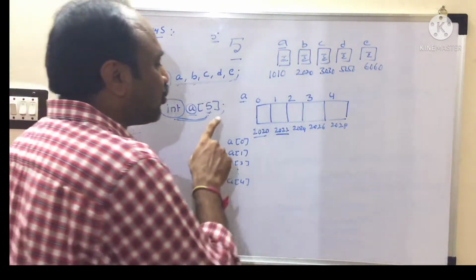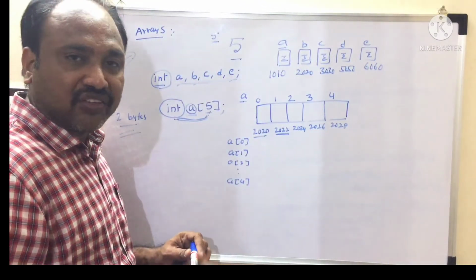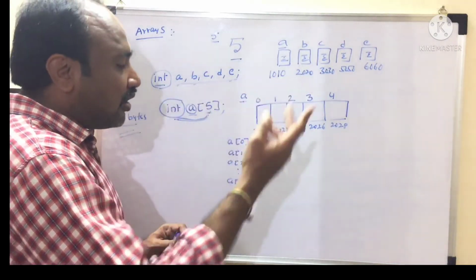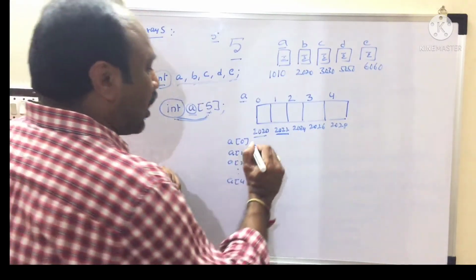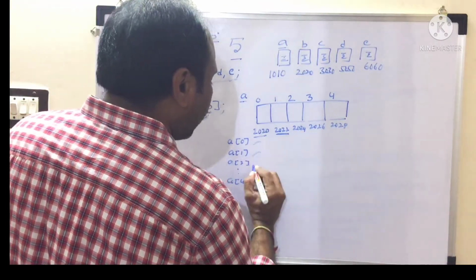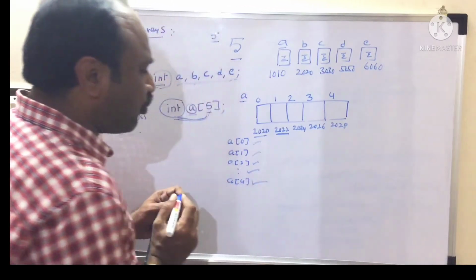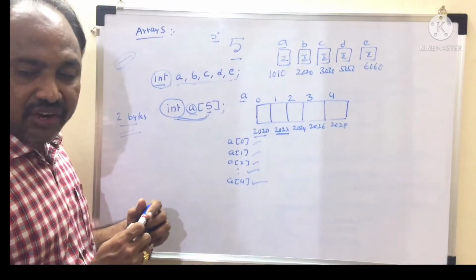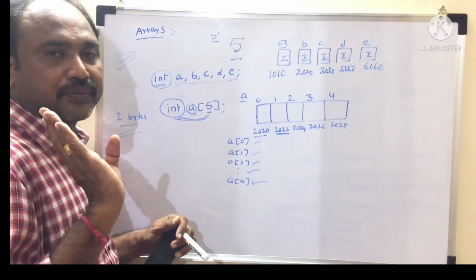If I am going to use what concept? Array concept, all the values are stored under the single name and all the values are stored in adjacent memory locations. Whatever A of 0, A of 1, A of 2, A of 3, A of 4 we have used, these are referred to as array indexes or array subscripts.